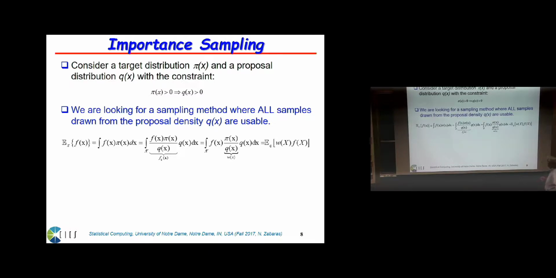You can write this in various forms, but the definition that we're going to see thousands of times today: I call the ratio pi over q at the location x the importance weight w of x. So you can immediately see that this expectation becomes the expectation with respect to q of w times f, where w are these weights defined as pi over q.